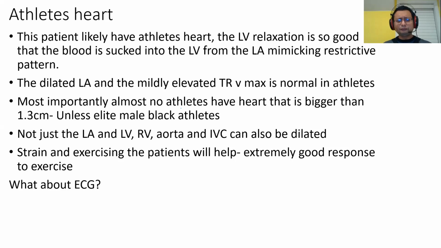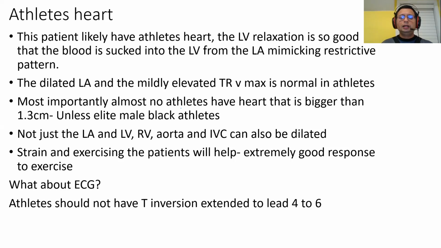What about ECG? Remember, in patients with athlete's heart, they can have an ECG that looks abnormal, but it's actually normal. However, athletes should not have T wave inversion that extends to leads 4 to 6. Leads 1 to 3 is okay. 4 to 6 is a no-no.